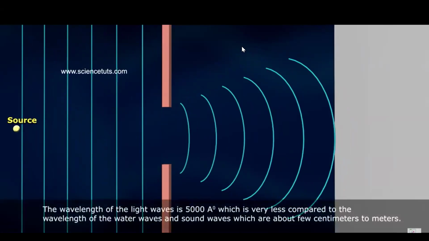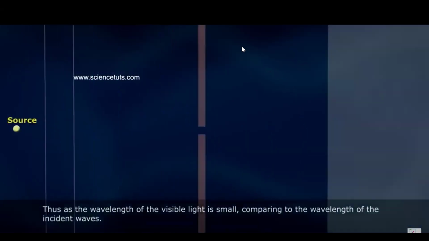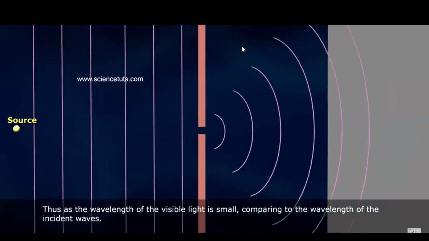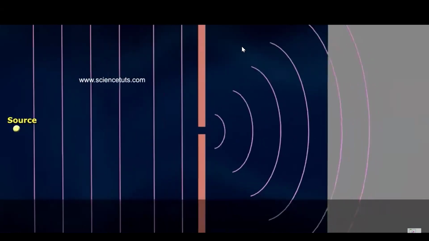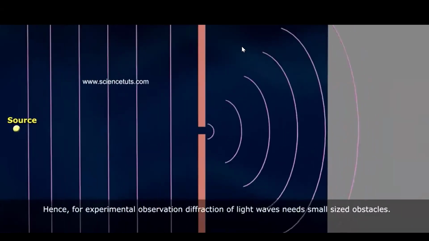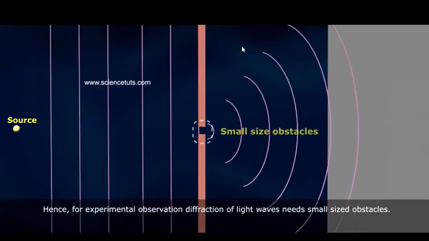The wavelength of light waves is 5000 angstrom, which is very small compared to the wavelength of water waves and sound waves, which are about a few centimeters to meters. Hence, for experimental observation, diffraction of light waves needs small-sized obstacles.